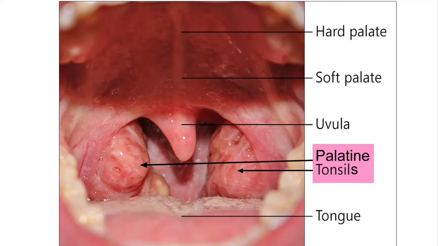If there is any kind of bacteria or viruses, these follicles will get larger, and you see that the tonsils are large. If they are not exposed to any stimulus, they get smaller.